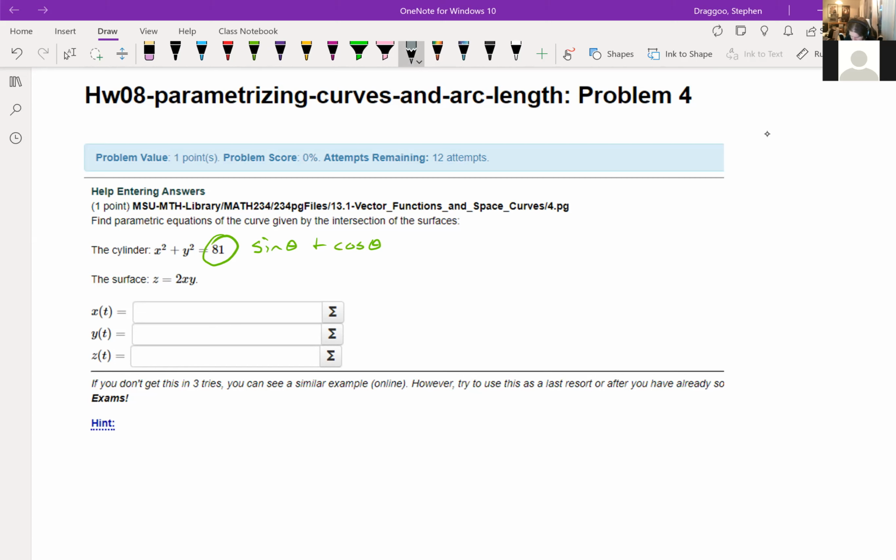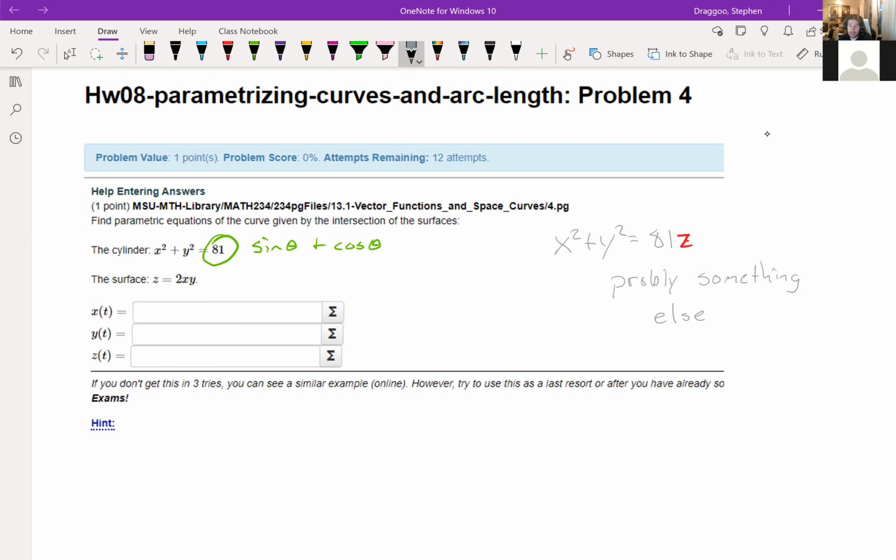But if we had something like x squared plus y squared equals 81z, then we're probably going to want to use something else. And that something else is probably going to be either x equals t or y equals t, depending on what our other equation is.